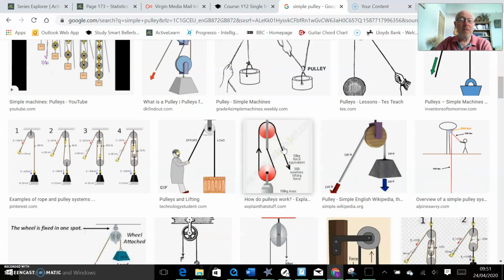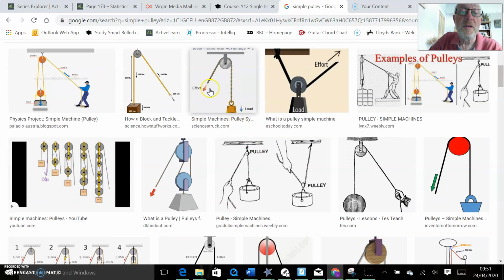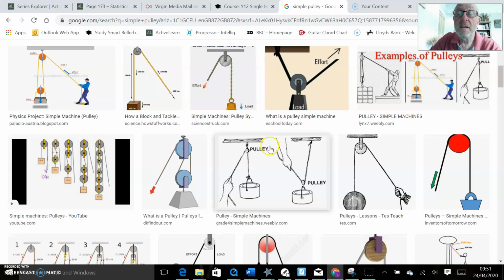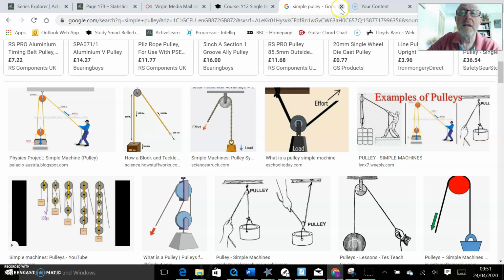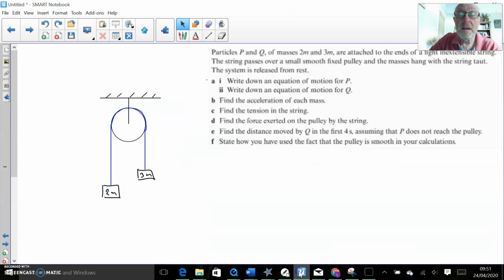In our case, we're not going to have a person pulling it, but two blocks, one on each end of the string. So essentially it's going to look like this. This is the simplest thing.